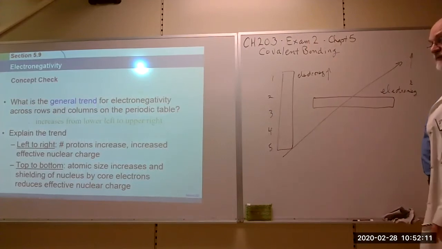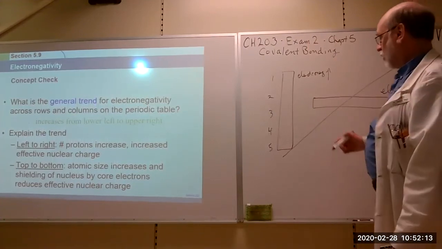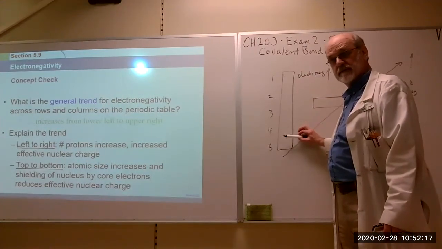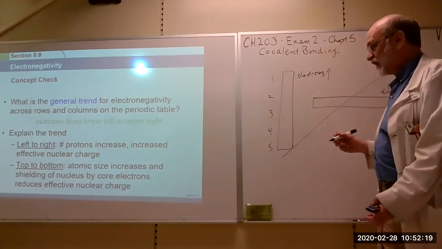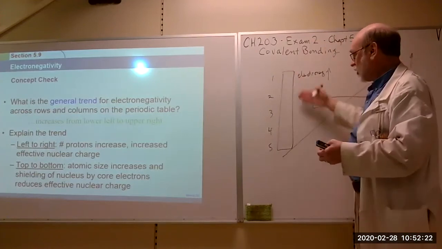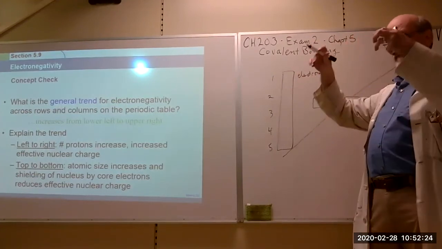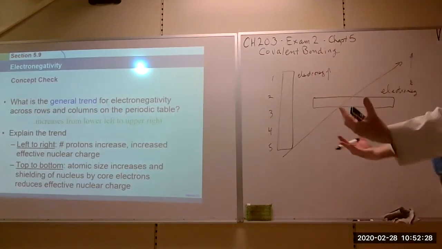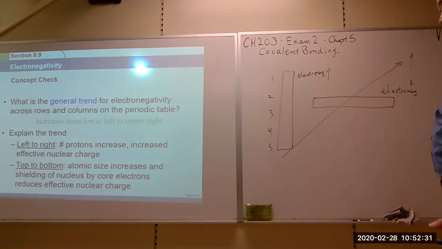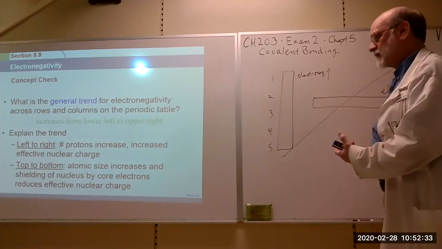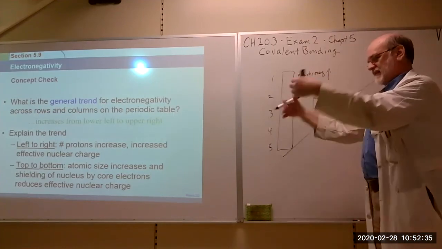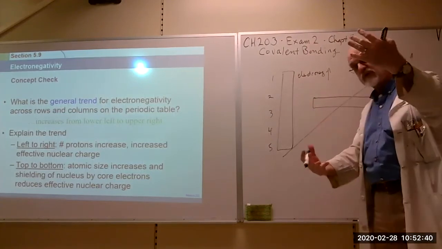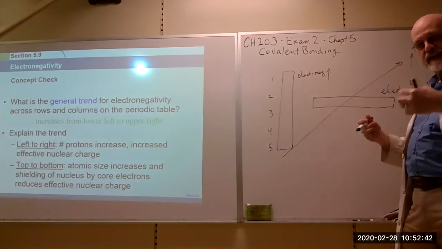Now, how about from top to bottom? Well, what are we doing as we go from here to here? We're adding energy levels. So you're building out. Even though you're adding protons, you're increasing the atomic size. And what that does is, as you're adding these extra electrons out here, in addition to the protons, you're adding shielding.